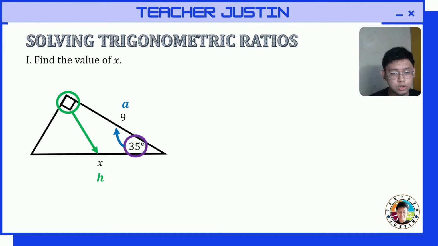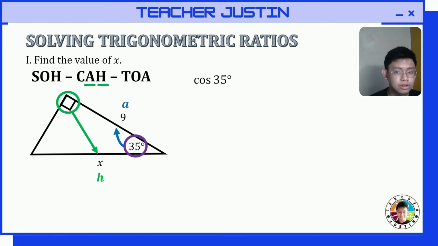Now, using SOHCAHTOA, let's identify which trigo ratio to use in solving for the value of x. So since we're given the adjacent side and the hypotenuse, we're going to use the trigo ratio cosine 35 degrees. So cosine 35 degrees is equivalent to adjacent over hypotenuse.